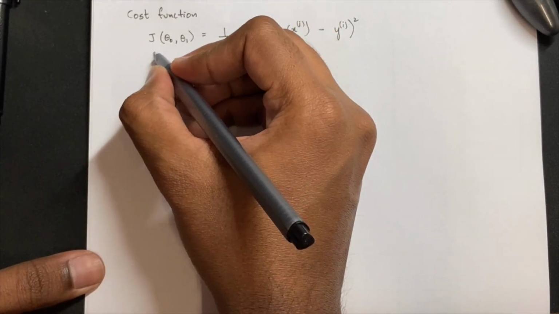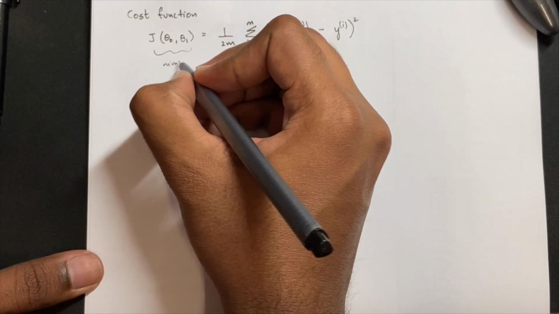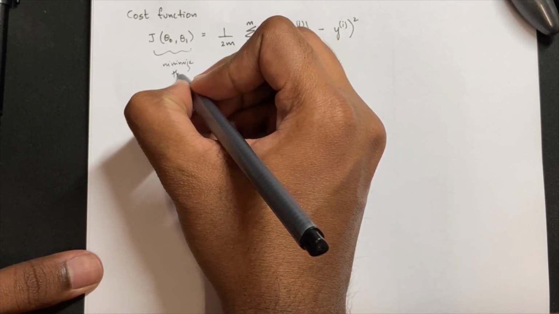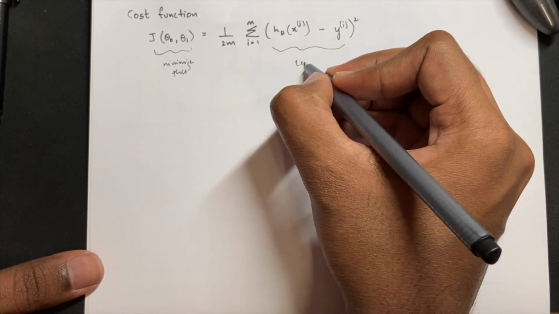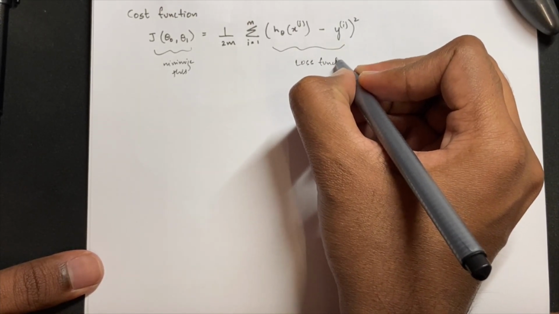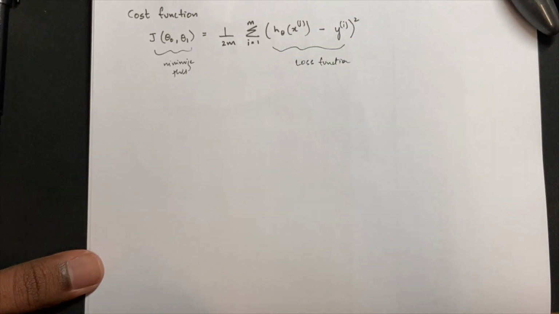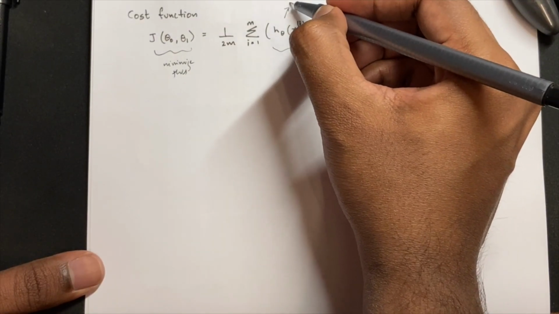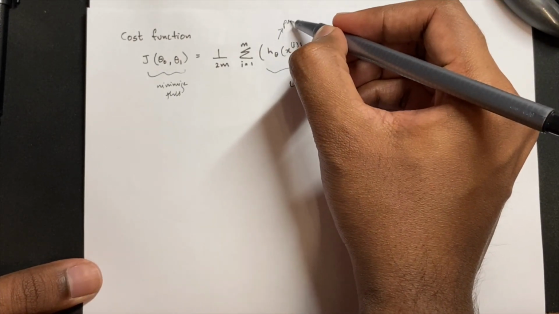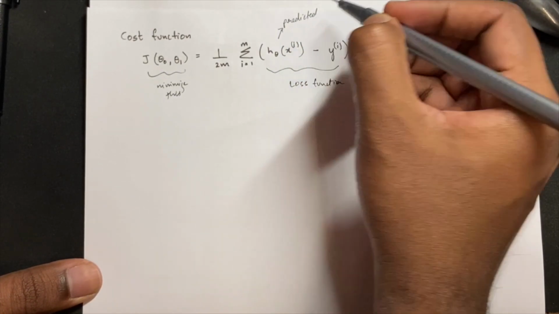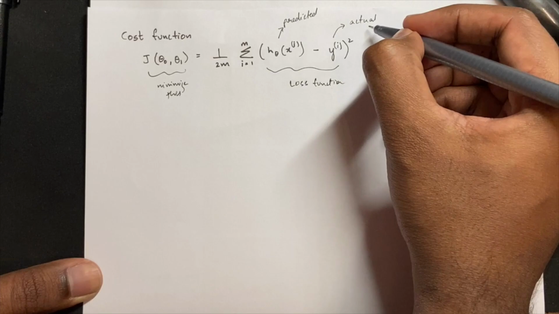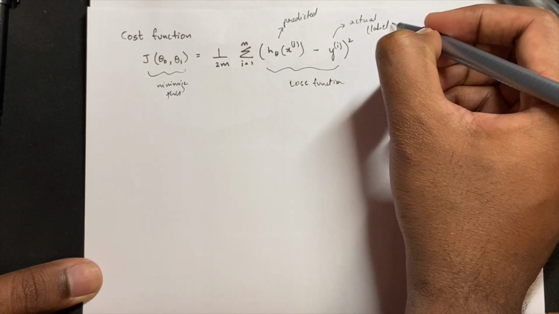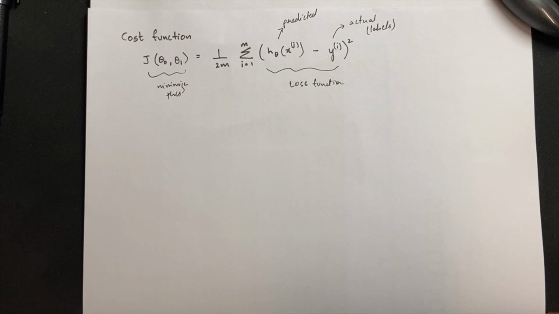Now our aim is to minimize this, and as we know here, this part is our loss function, and this is our predicted value, and y is our actual value, or the labels. We will implement a function that would make this calculation for us.